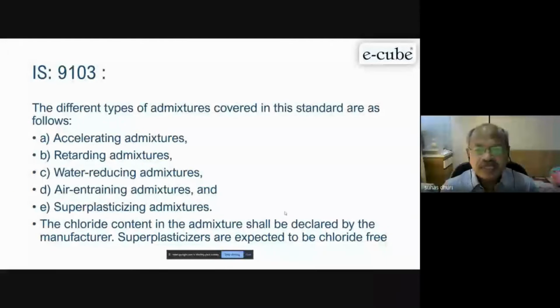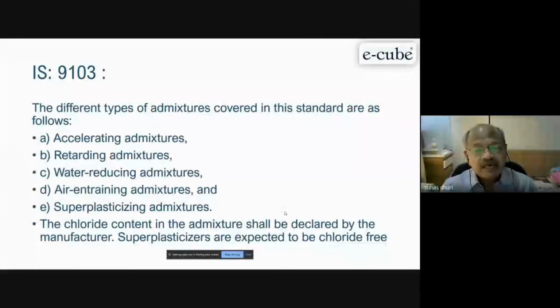Whenever you have designed a concrete and you are not able to get the slump or workability, and there is a cap on water content and also cement content, what we can do is reduce the water, add this admixture and achieve similar workability without increasing water content and cement content. That is the major benefit of water reducing admixtures.